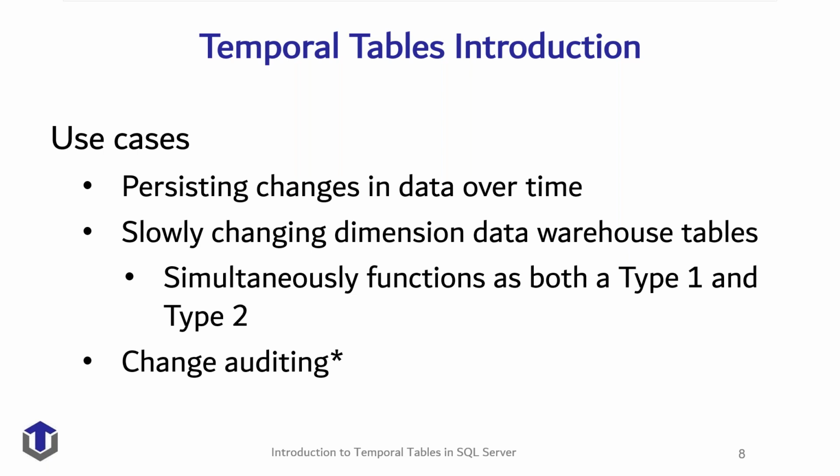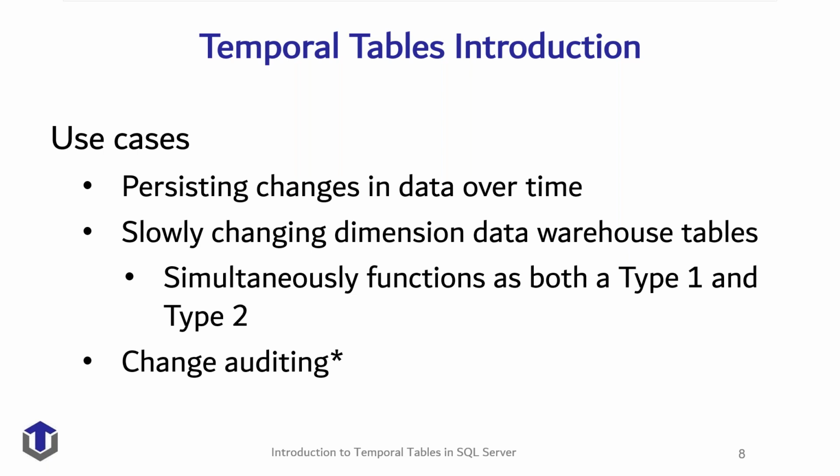Because if you use it as a simple type 1, when you query that table, it just returns the records that are currently stored in there, whatever that current version of that row is. But if you use the temporal table functions and say, I want the data as of a particular day, then it starts to perform the functions of a type 2. So it alleviates a little bit of that design work or that decision making ahead of time, by allowing you to work that as both a type 1 and a type 2 at the same time.